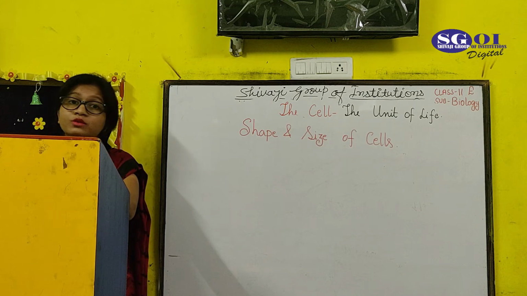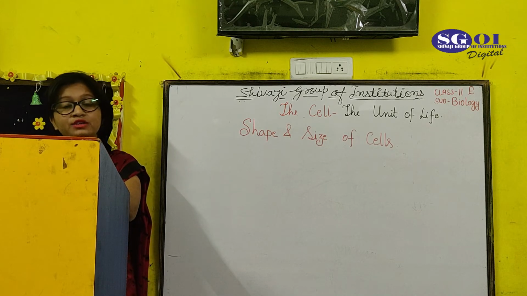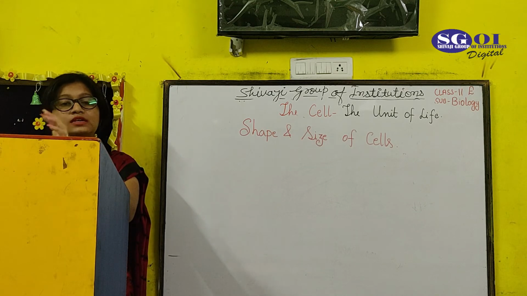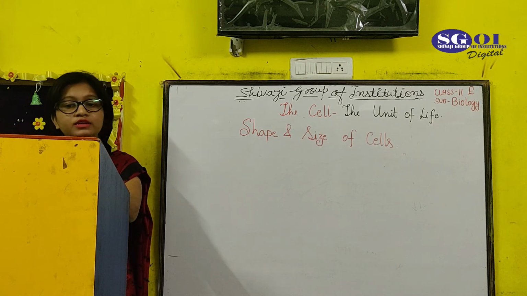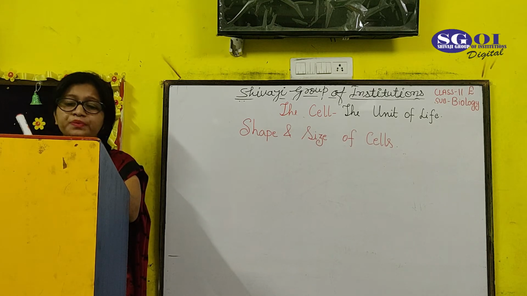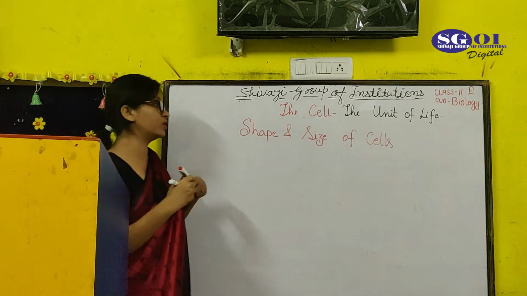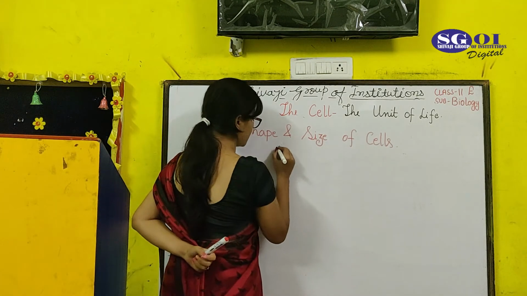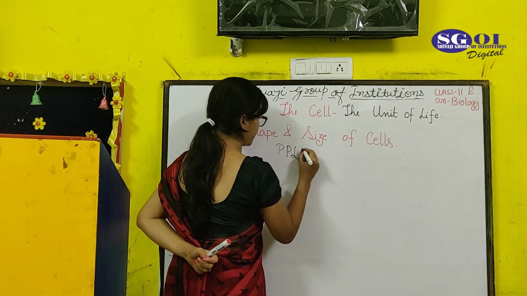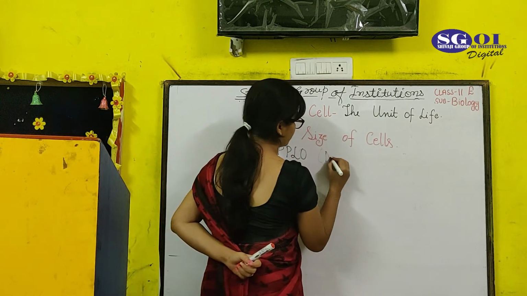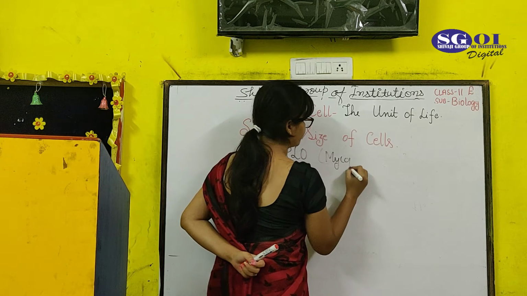And when we talk about size, the size of the cell is also quite different from another cell. Why? Because according to their function, their size and shape may change from one to another. The smallest cell of the world is PPLO, which is also known as mycoplasma.